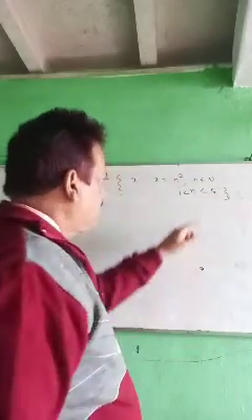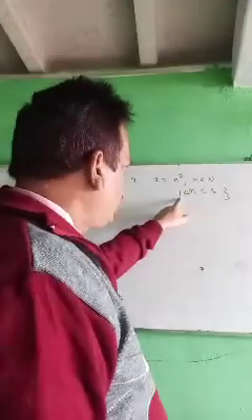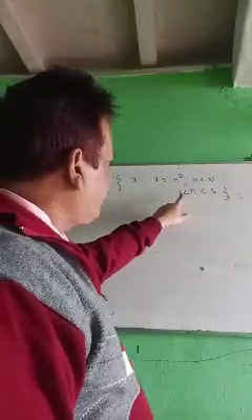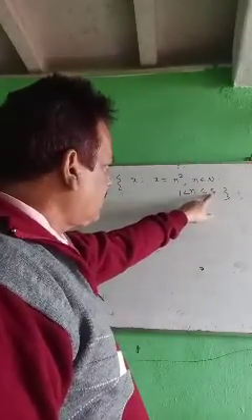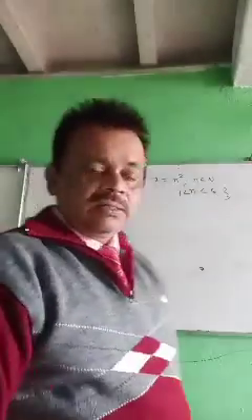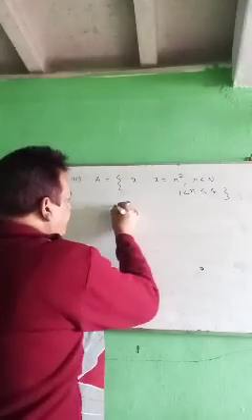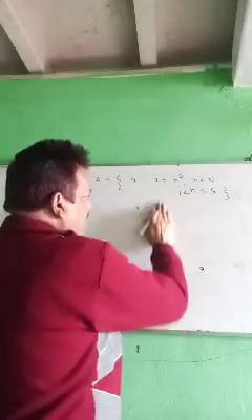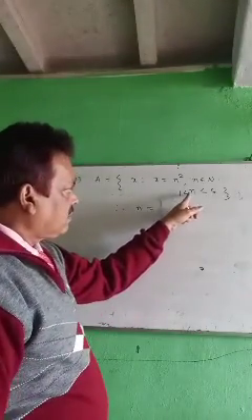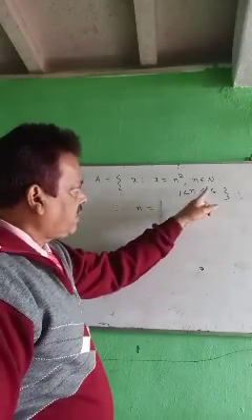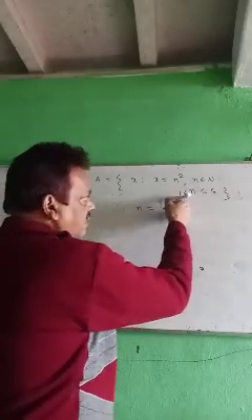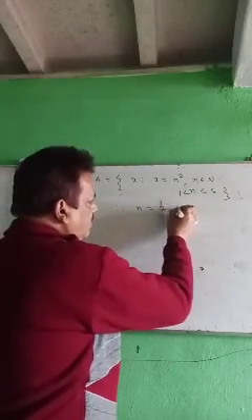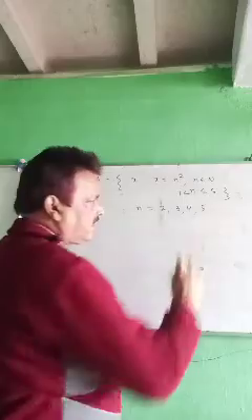Look here, natural numbers 1 to 5. 5 is not included here, 1 is not included. So what are the values of n now? 1 you cannot take, so only 2, 3, 4 you have to take.